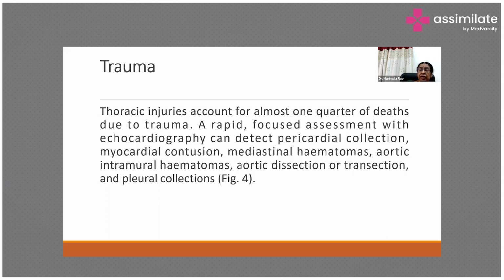So you can easily make out what is happening to the mediastinum. Are there B lines? Aortic dissection can also be made out to a fairly good extent if we get trained in them. That is the main thing. Next slide.